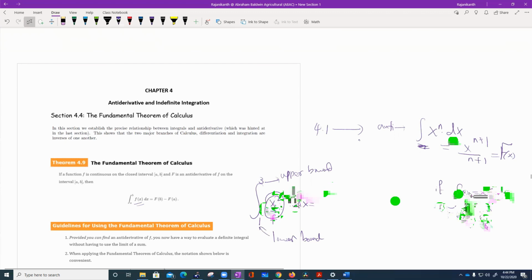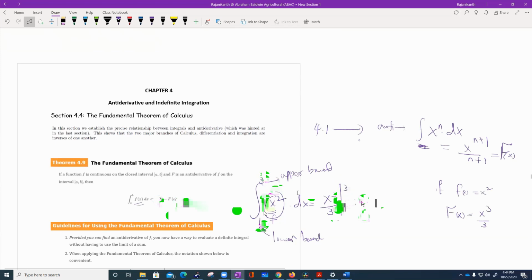So find the antiderivative of the inside function, x cubed over 3. Then we put this one stroke notation. Now put the bounds. The formula says that should equal F evaluated at the upper bound. Remember, our function F is now the antiderivative function.